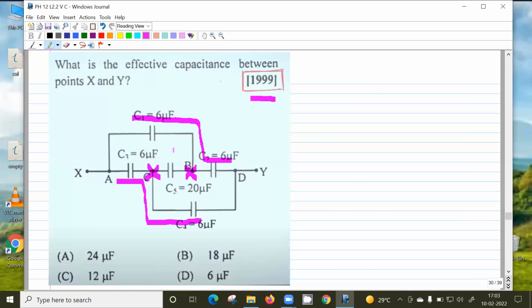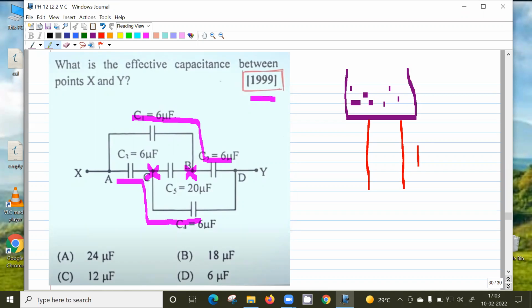See, here is one way to check whether a Wheatstone bridge is there or not. I'll give an analogy. Suppose this is a water tank with water inside, and two pipes bringing the water down.